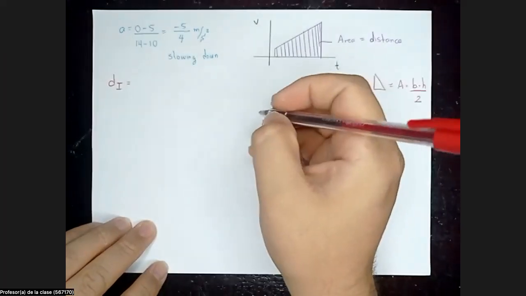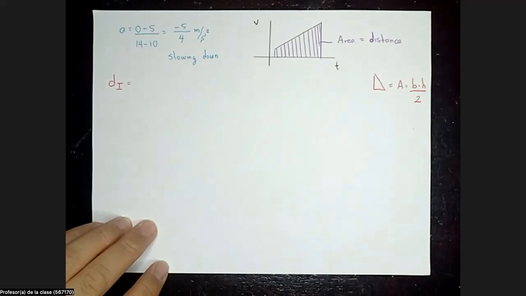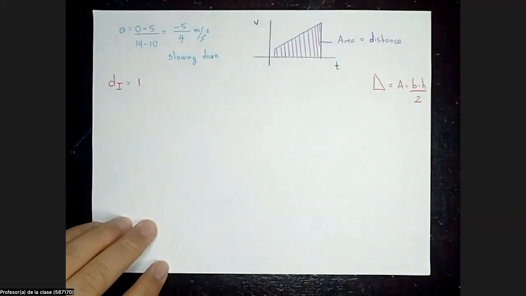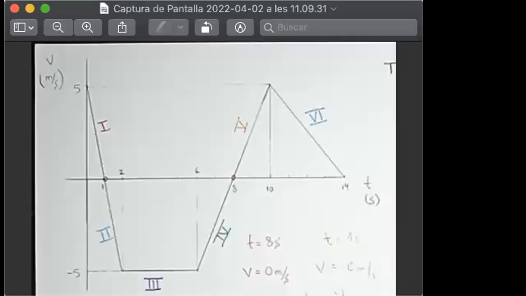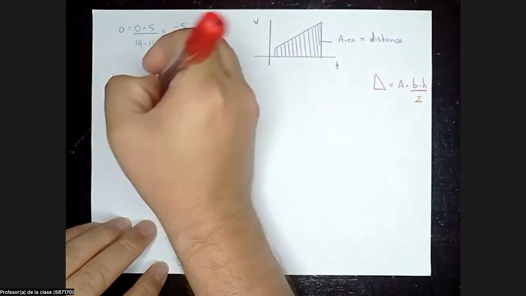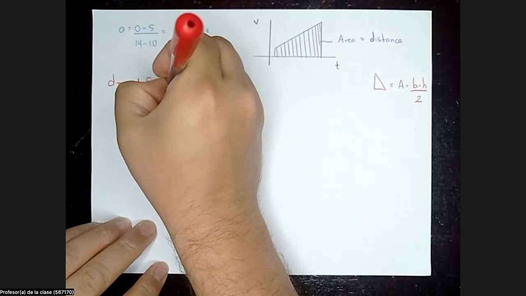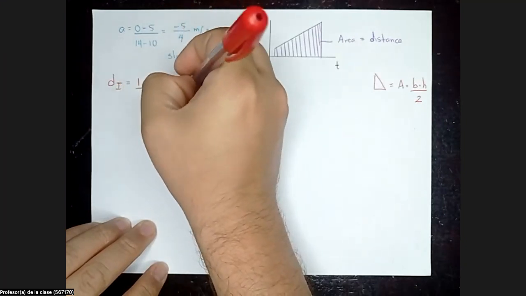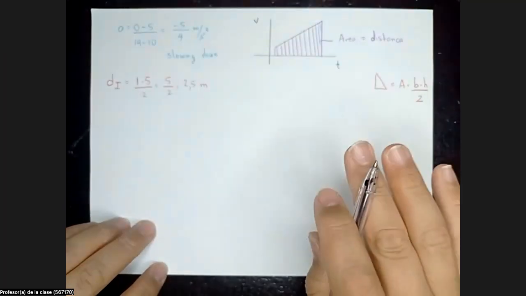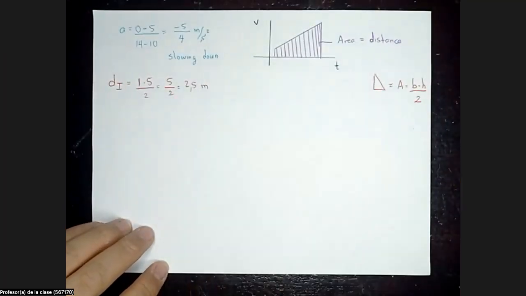So for the first one, the base is 1. Look at this, 1. The height is going to be 5. So 1 by 5 divided by 2 is going to be 5 divided by 2. That is going to be 2.5 meters. That's it. This is a distance.